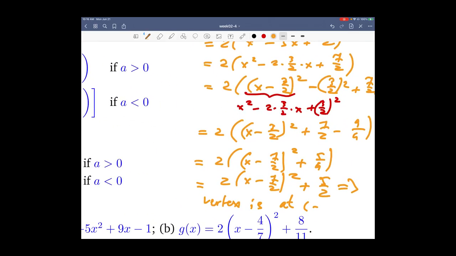I made a mistake, a slip of the pen. Somehow 3 became 7.